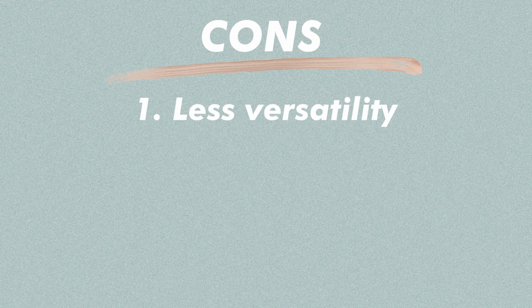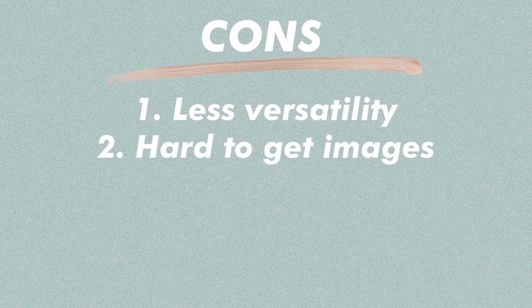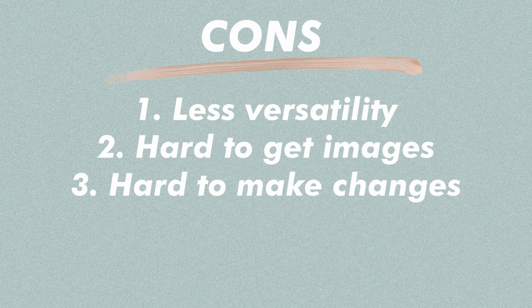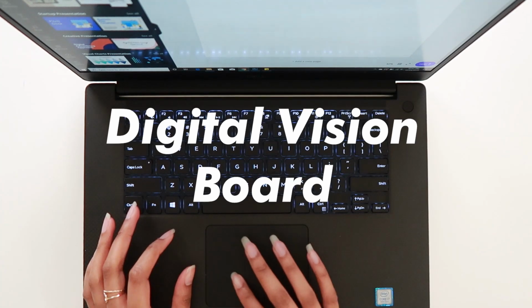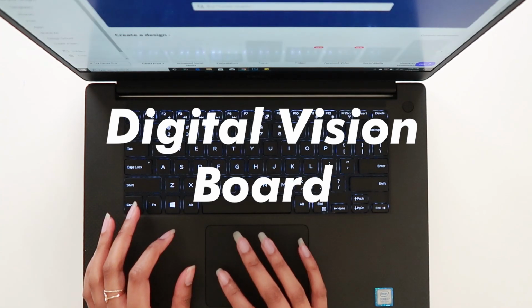Also, if you don't have access to a printer, then it's really hard to print out your images for your vision board. Also, I found that one of the cons is that you can't really change it. It's just a little bit harder to change. So that's another con.